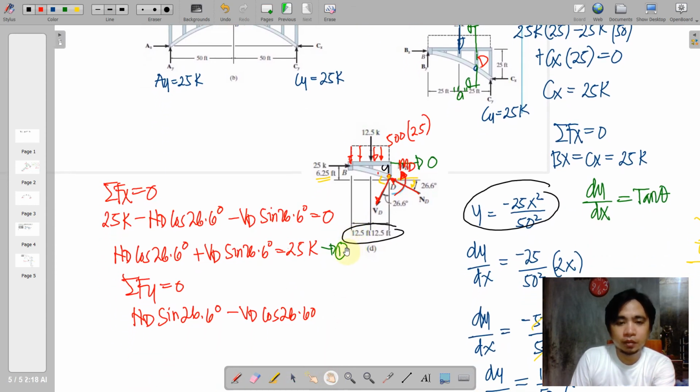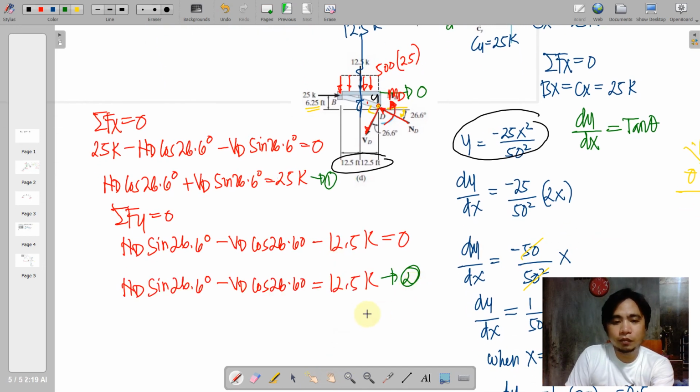So this is the result, 12.5 kips, and that is towards down. Okay, so equate this to 0.